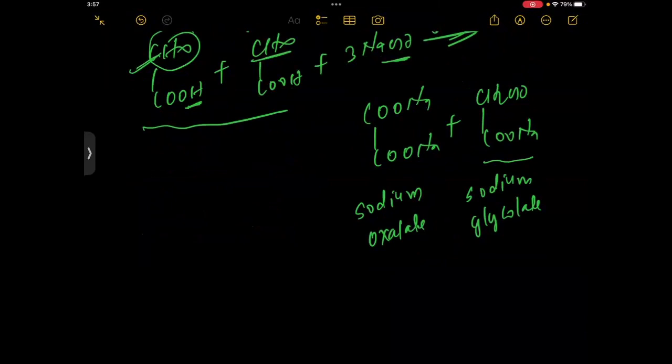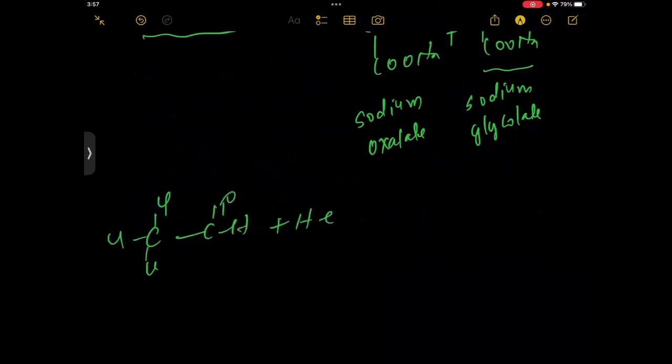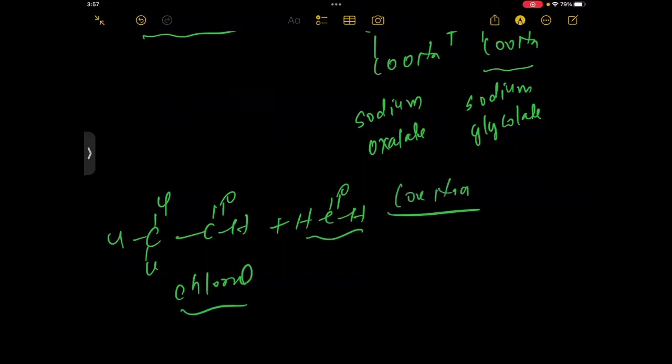All these examples we have seen undergo the cross Cannizzaro reaction, right? See, what do you think about this compound? I write here chloral, CCl3CHO, right. Would this come here? Will this compound be involved in the Cannizzaro reaction or not? See, students, when we take conc NaOH, what happens?